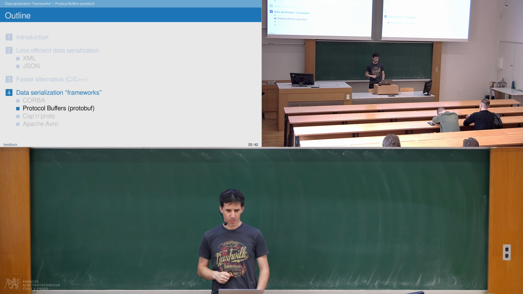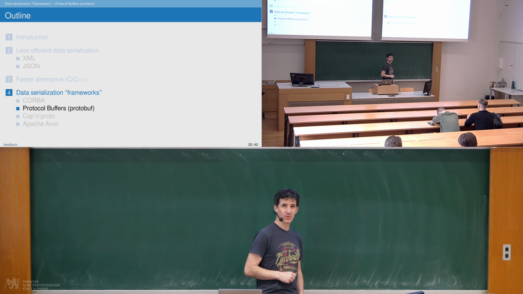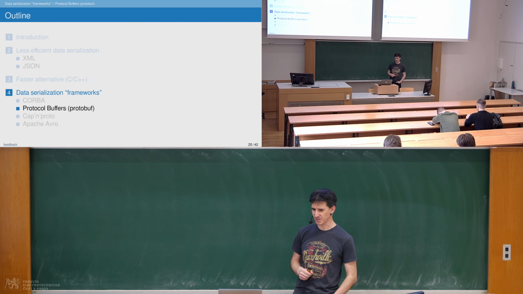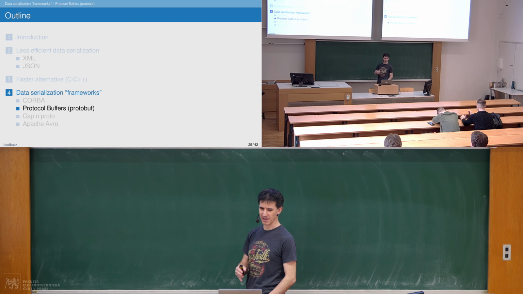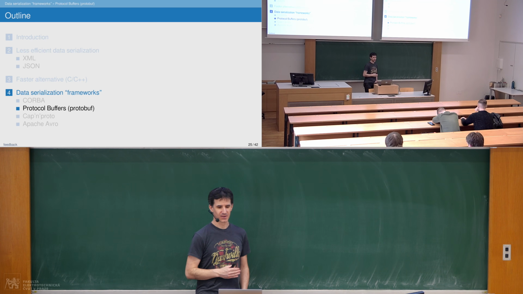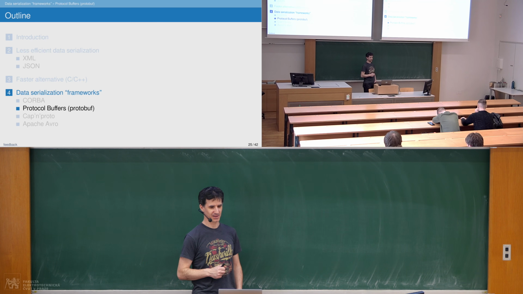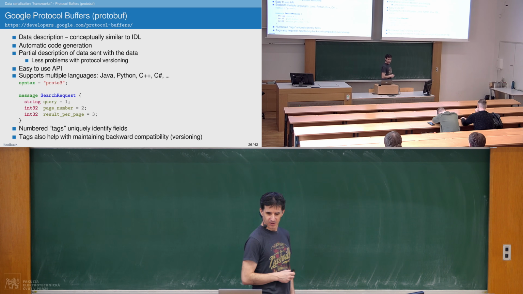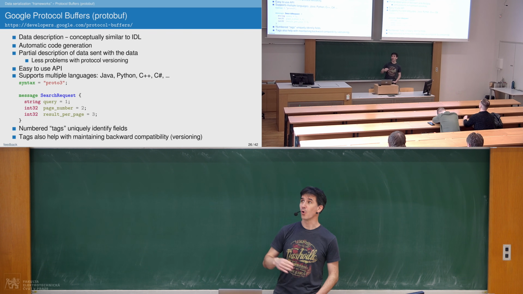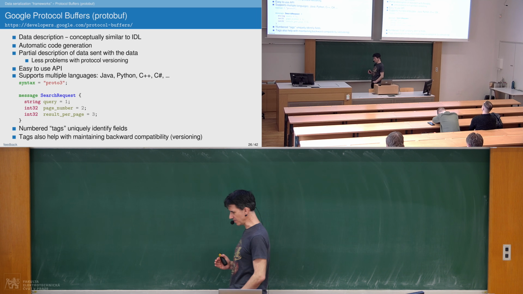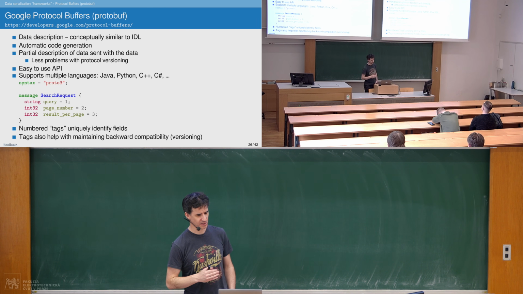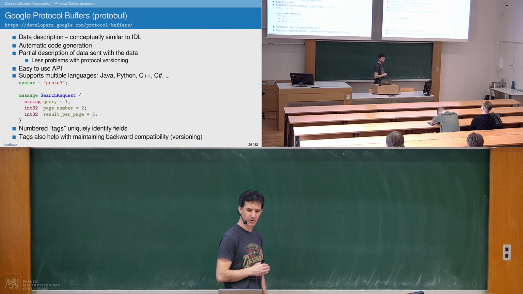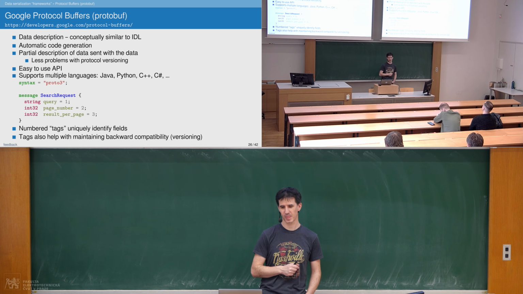Okay, so we know the basics, we know the history, and now let's look at a few reinvented wheels. The first reinvented wheel after Corba is protocol buffers. I would call it an older serialization framework, which was made popular because it was released by Google.